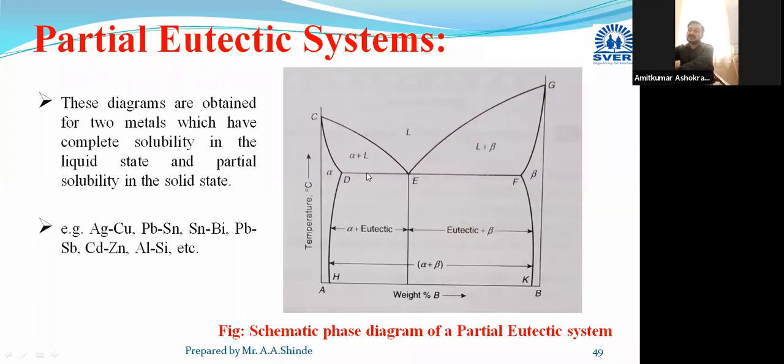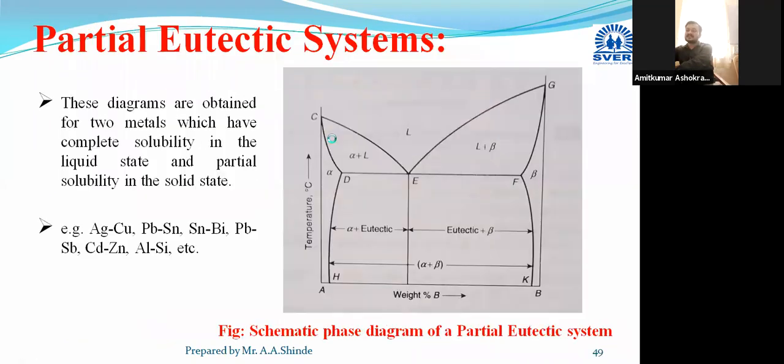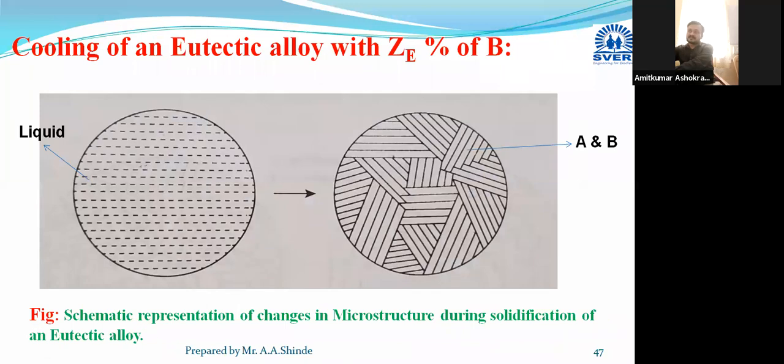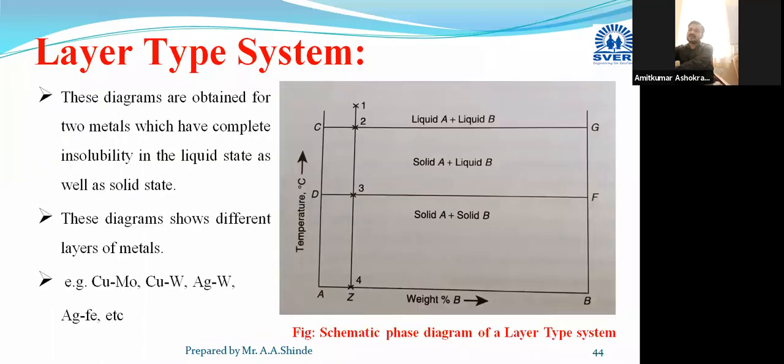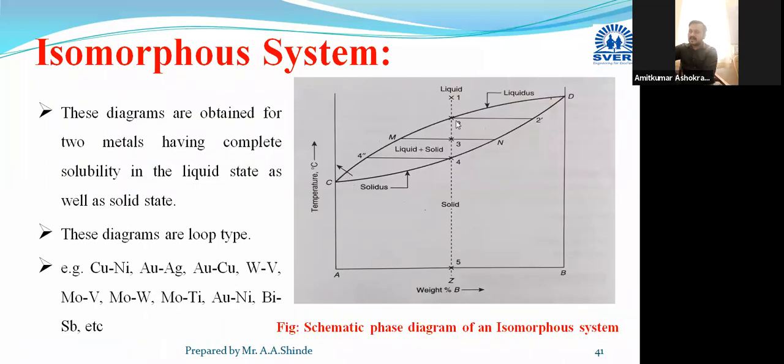In this way, you have to identify the regions, and according to that, you have to consider the curves, and you have to explain its microstructural changes. So as we have referred here in this diagram, as this is a loop type diagram, it is uniform throughout.